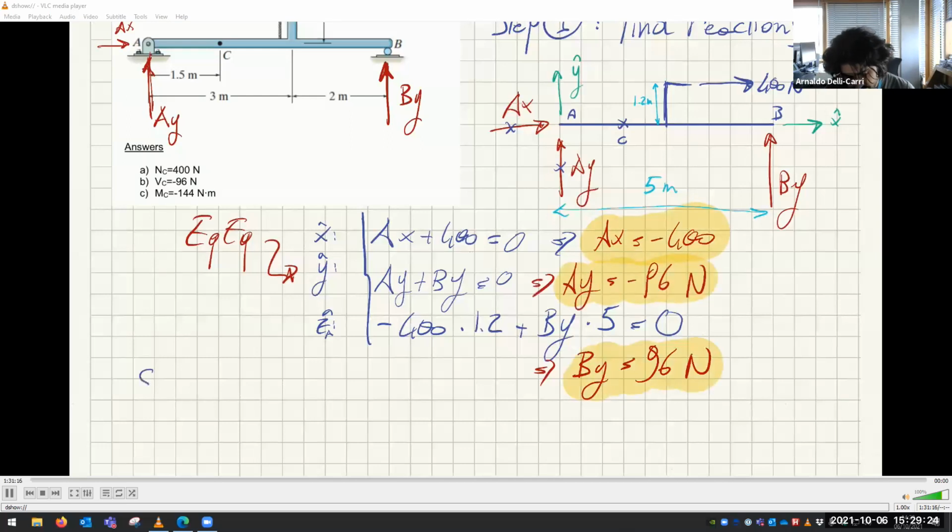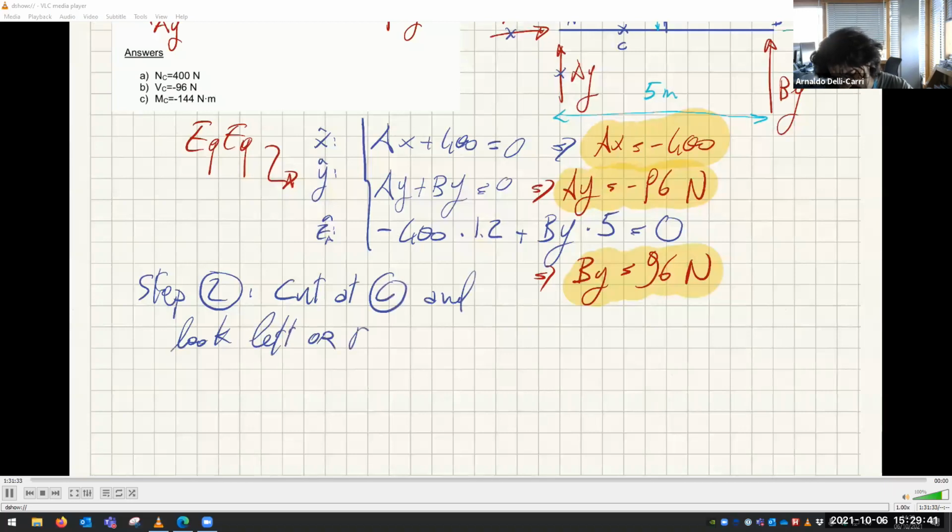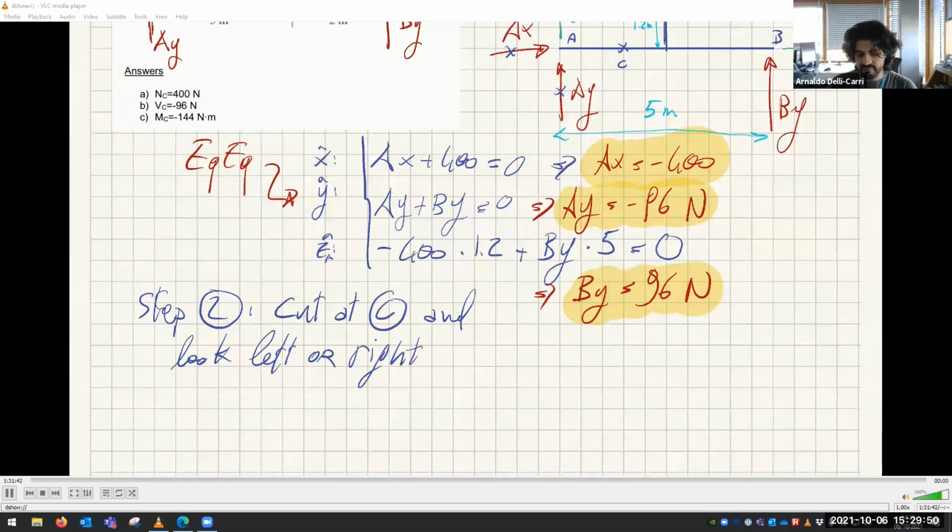Now, step 2. Cut at C, in this case, and look left or right. Where do I look? Do I look left or do I look right?